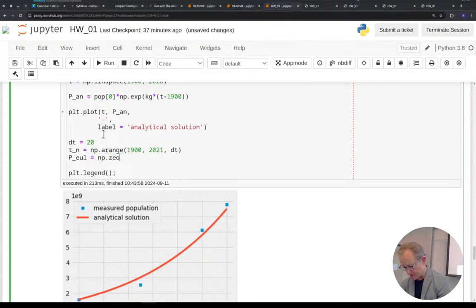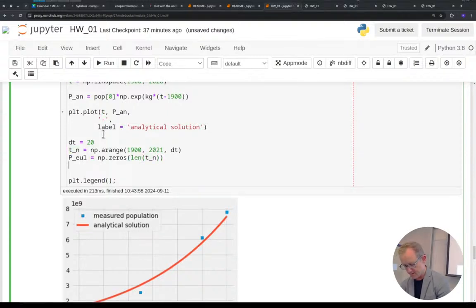I'll initialize my Euler array to the same length as Tn, my numerical time. And then I need that initial value. I don't want to solve for initial population. I want to plug in an initial value. So that first value of Euler is pop 0.